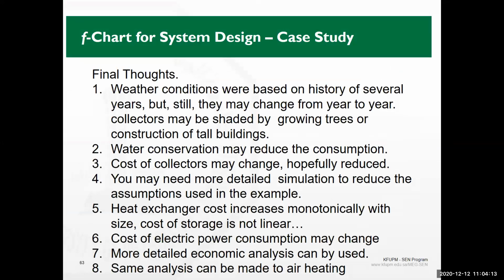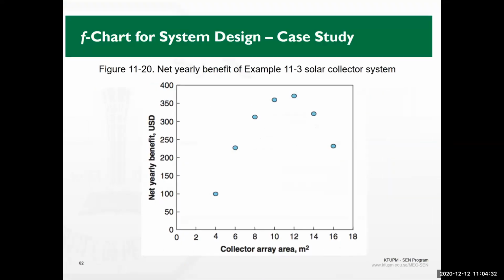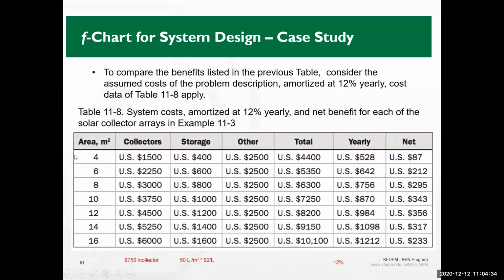Now, there are some thoughts based on the calculations that we did in this example. It is based on weather conditions. Remember, we started with the weather conditions of Sacramento. What if the weather changes from one year to the other? This is going to change the numbers that we have used here. Suppose you said you are going to use 6 collectors.